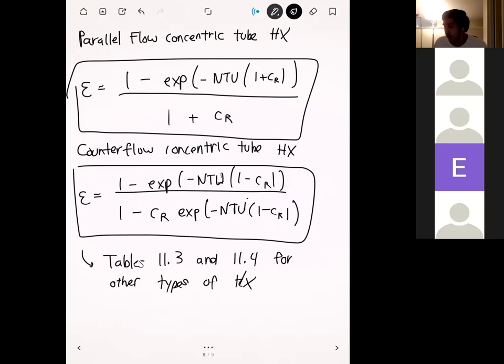We're not going to use those in this class, but if you're curious about them or you're working with other types of heat exchangers for work, then you can find expressions for that there. Any questions on this before we do one last example?